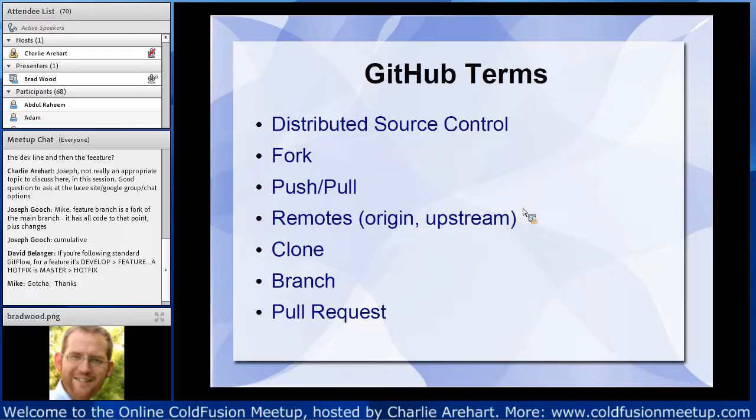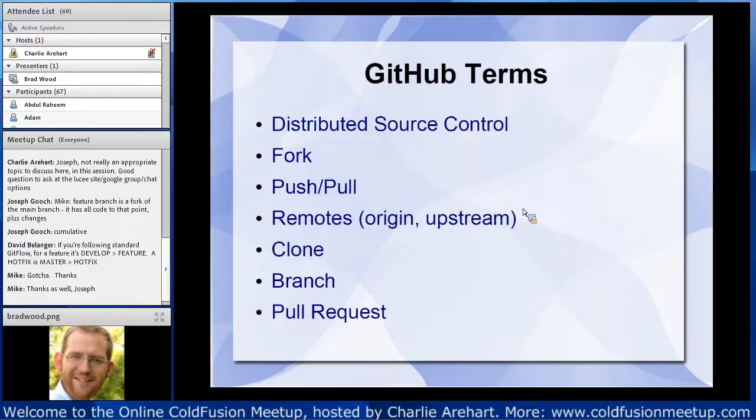So if you're coming from a Subversion background, which there used to be a lot more people in ColdFusion coming from Subversion, some of the terminology with Git and GitHub could be a little confusing. And for one, GitHub, let's back up. Git is a type of source control, right? It's developed by Linus Torvalds, the guy who made Linux.